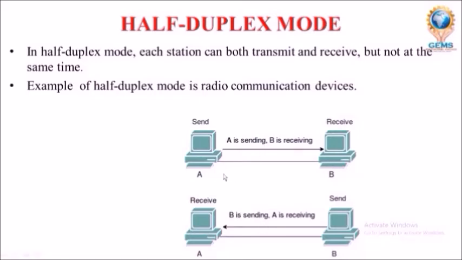If A is sending, A is the sender and B is the receiver only. And if B is the sender, then A acts as receiver only. So this is the transmission mode which is different from simplex mode, right?